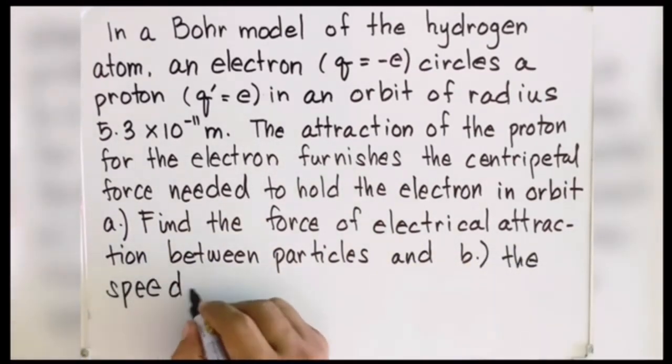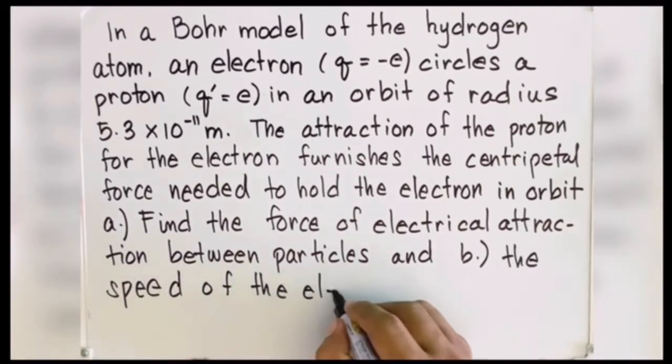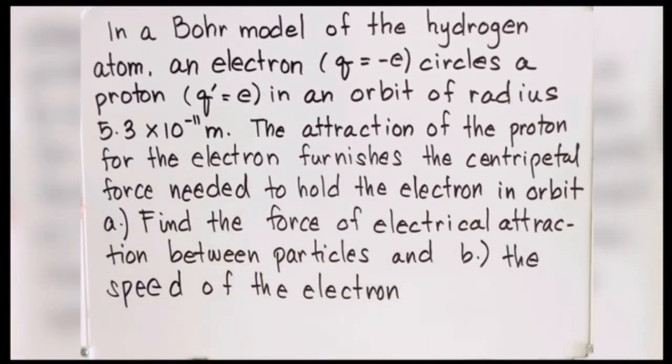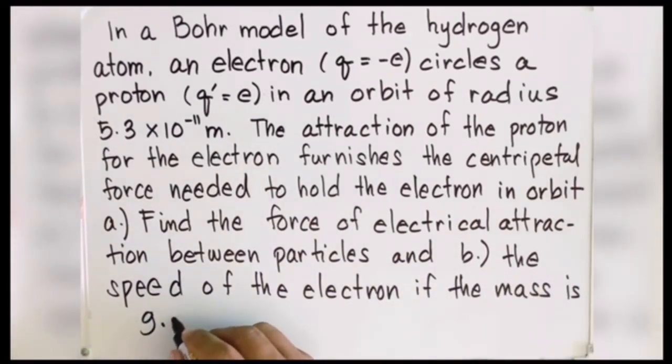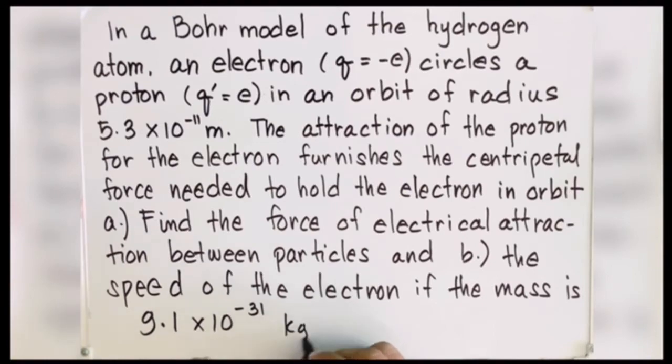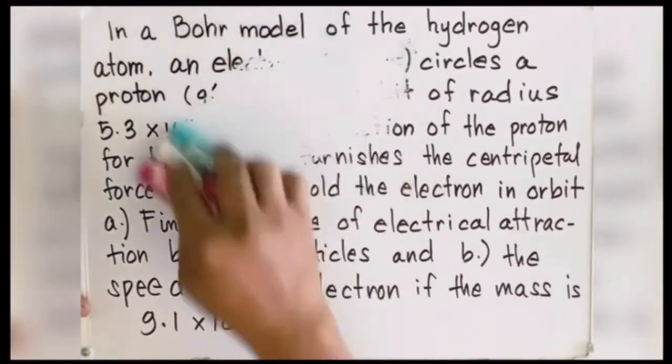And B, what will be the speed of our electron, supposing that the mass of our elementary particle, the electron, is given by the value of 9.1 times 10 to the minus 31 kilogram?